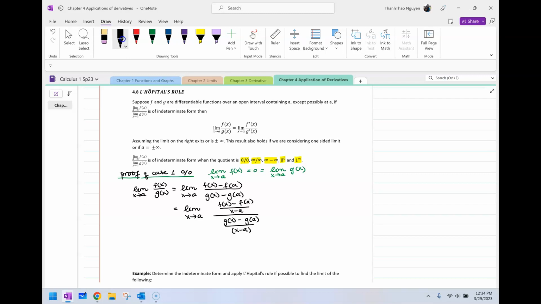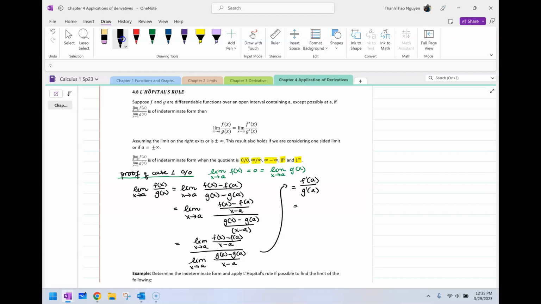Okay. So this is the same as saying the limit of the numerator divided by the limit of the denominator. So by definition of derivative, this is equivalent to saying that we have f prime of a divided by g prime of a. Okay.